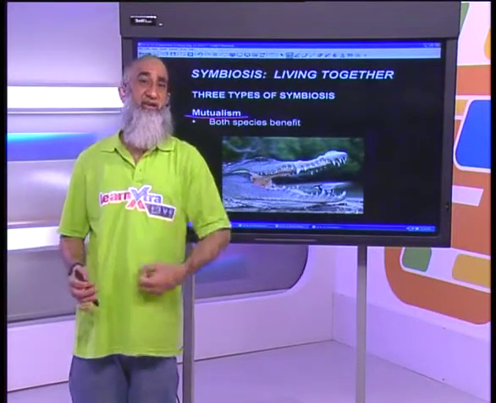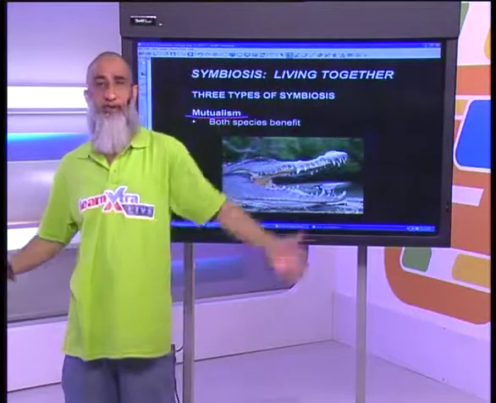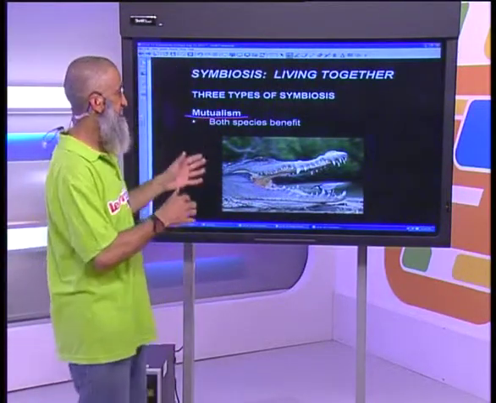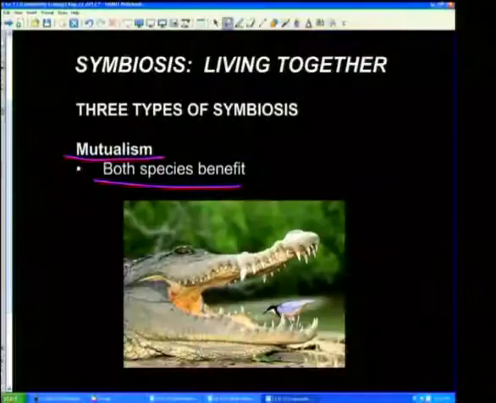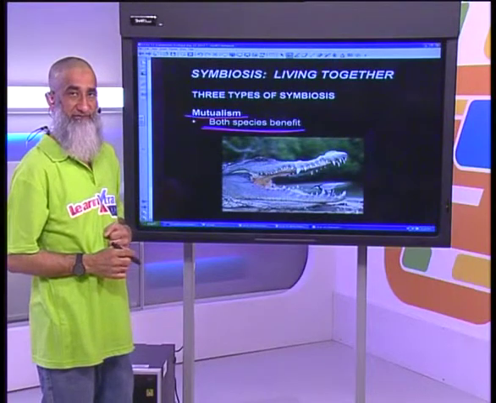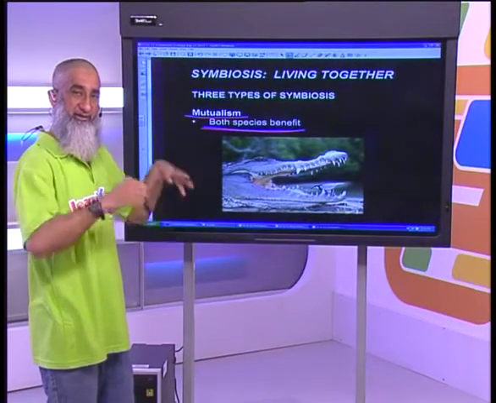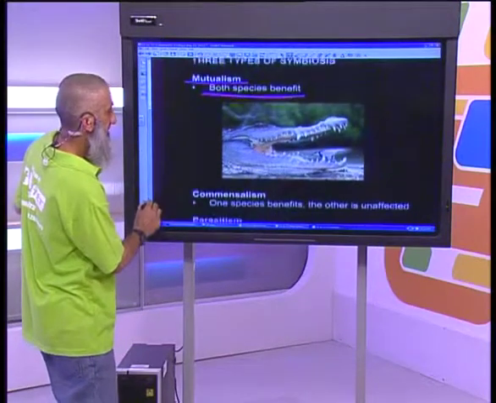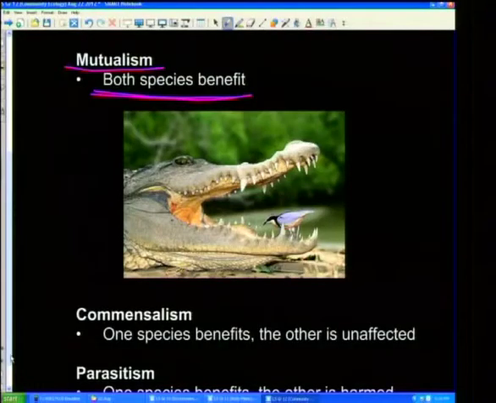When we say this deal is of mutual benefit to us, that means it will benefit you and it will benefit me. So mutualism is when both species benefit. They will live together in such a way that both organisms will benefit. Look at this particular example here.